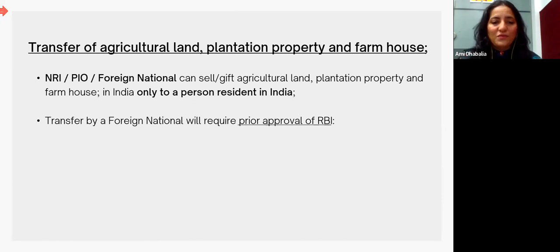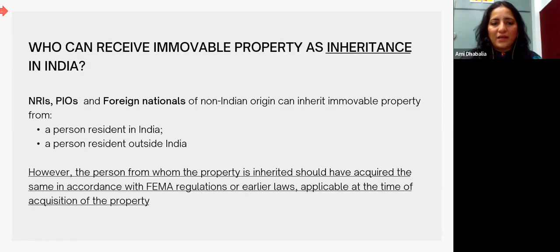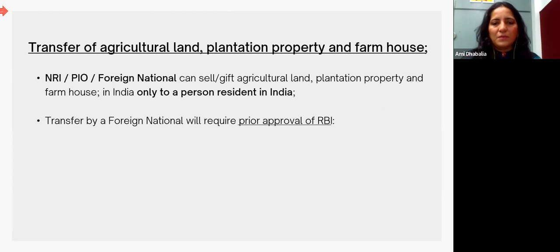Transfer by a foreign national will require prior approval of RBI. You can see in the part about inheritance, they can inherit immovable property. So that is how the agricultural land may have fallen in the lap of that foreign national, and then subsequently this is how the transaction can take place.